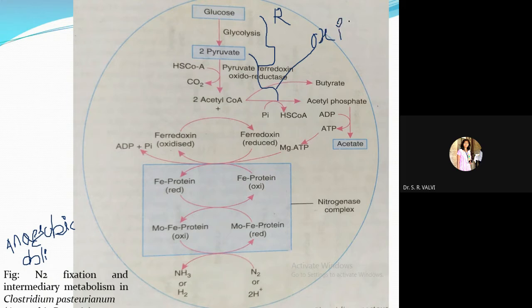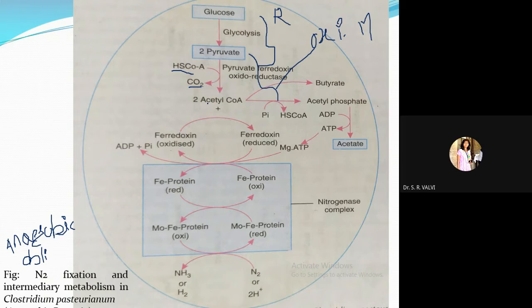See again here HS-CoA. These are coenzymes. There is no full form for this HS. There are some coenzymes which help during the oxidation reactions. So HS-CoA is one kind of coenzyme, and carbon dioxide is released, right?